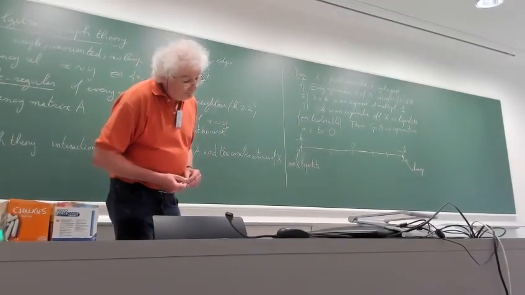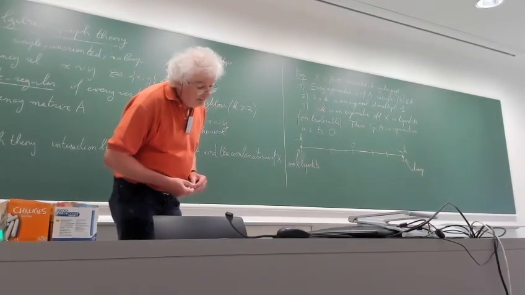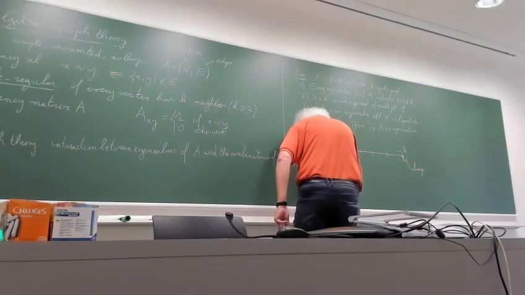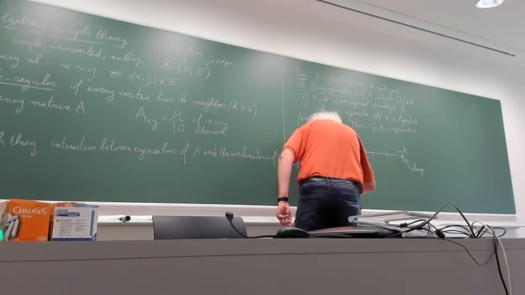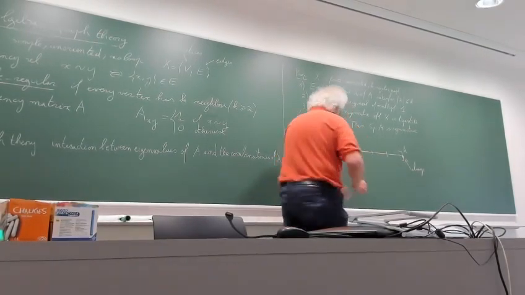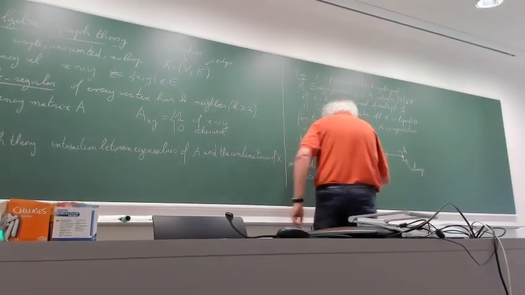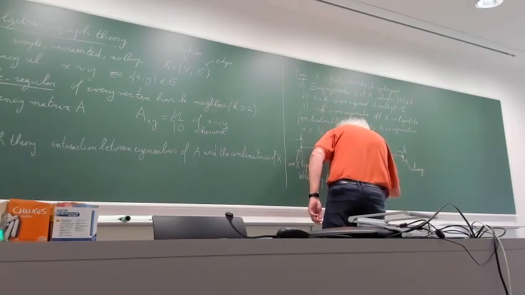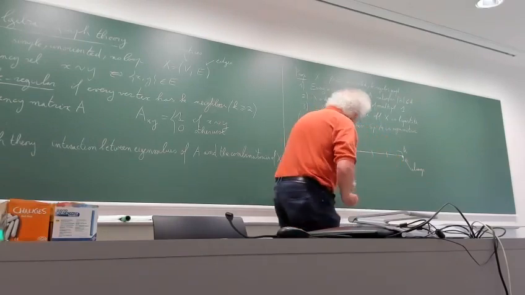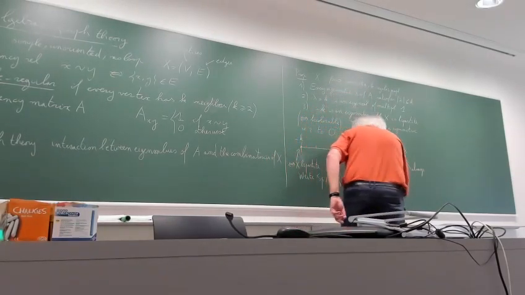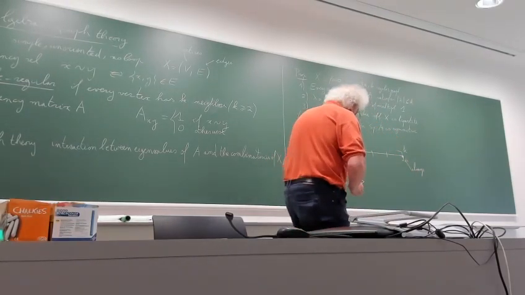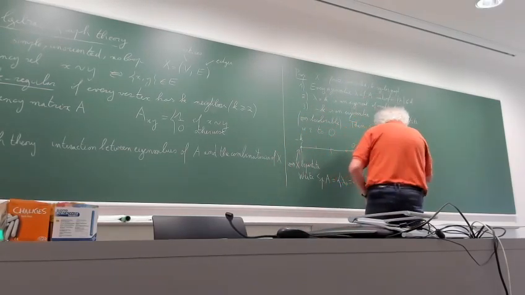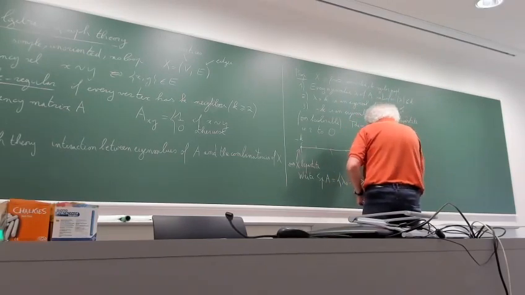It's customary to write the spectrum of A in decreasing order, from top to bottom. So the first eigenvalue, lambda 0, is k. It has multiplicity 1. Then we have lambda 1. In my drawing, this will be lambda 1. Then comes lambda 2.